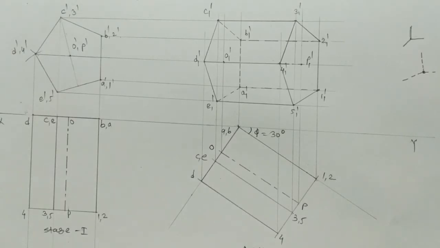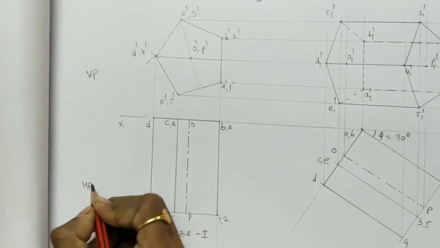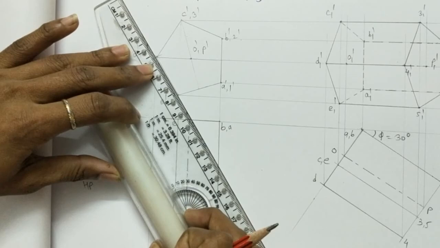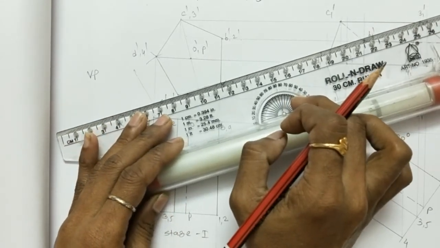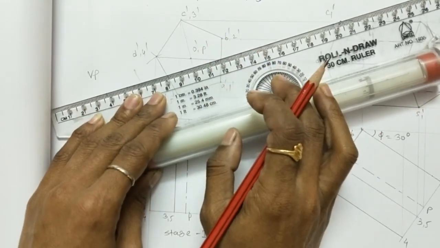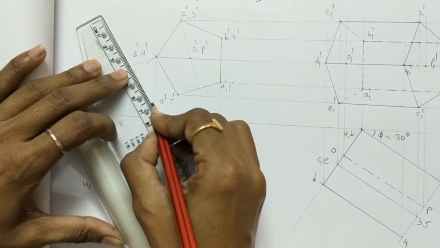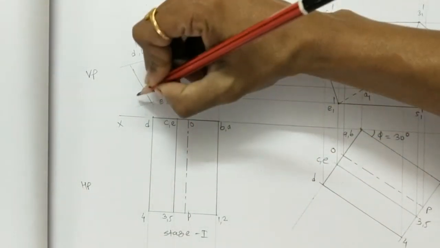So see here, give naming. This is VP and this is HP. This side shows 30 distance. Show here 30. This is 30.